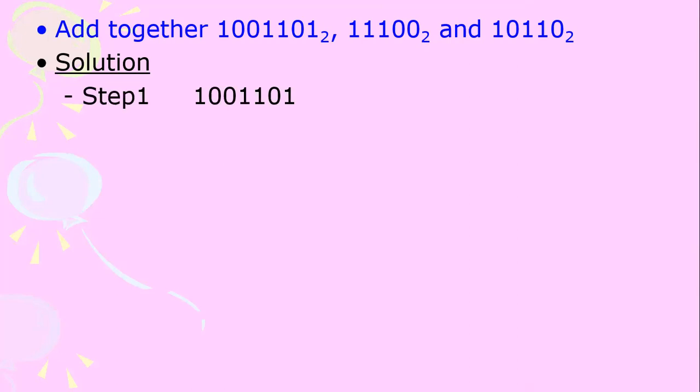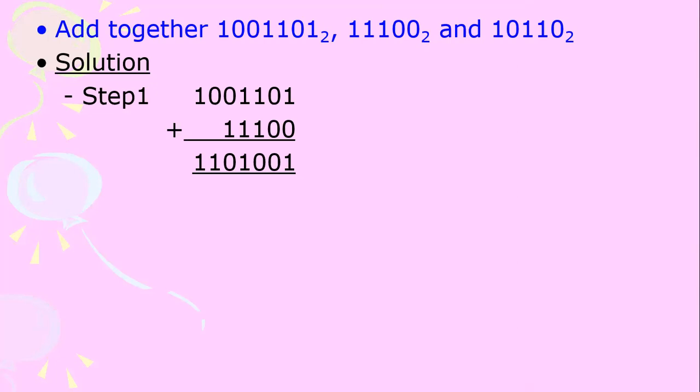Step 1, write down the first number. That is 1001101. And then add that to the next number, which is 11100, which gives us 1, starting from the least significant bit on your right hand side.